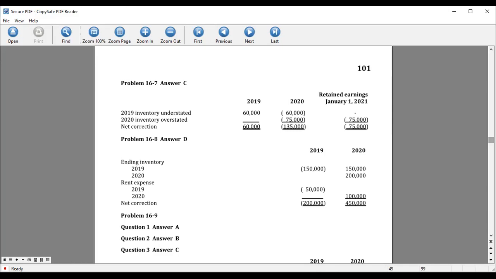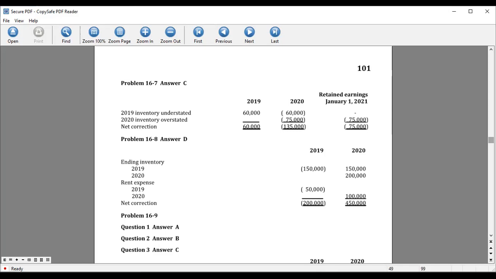The trend of the ending inventory is to reduce net income. That will also be for the 2020 inventory. The ending inventory in 2020 has an understatement of 200,000, so we add it to the 2020 net income.